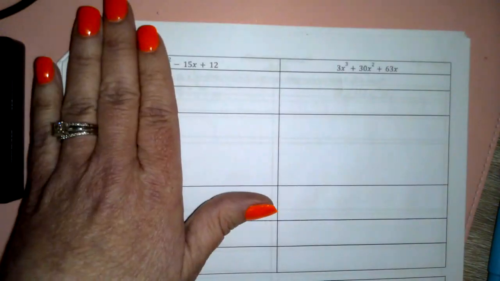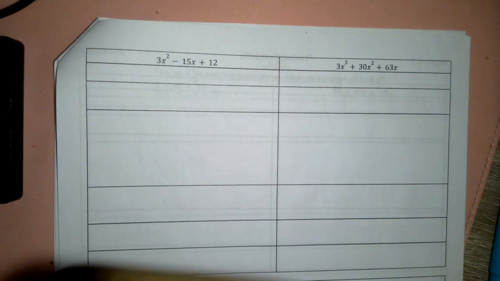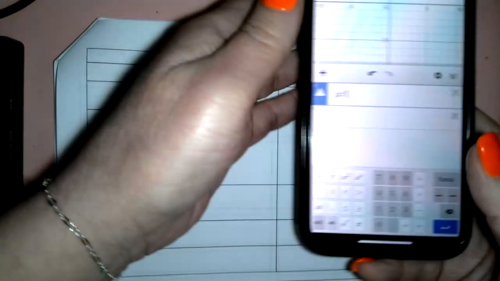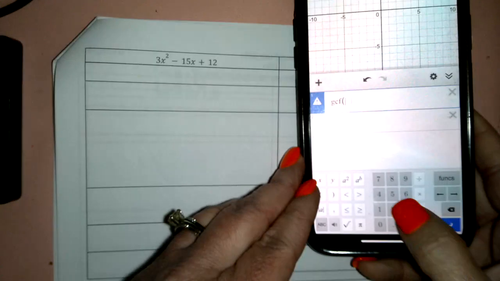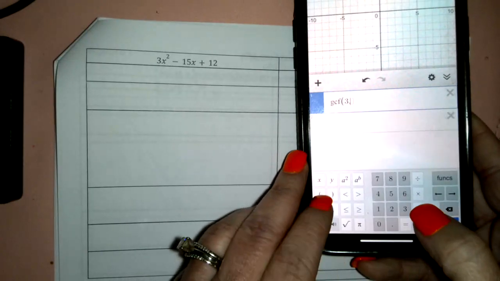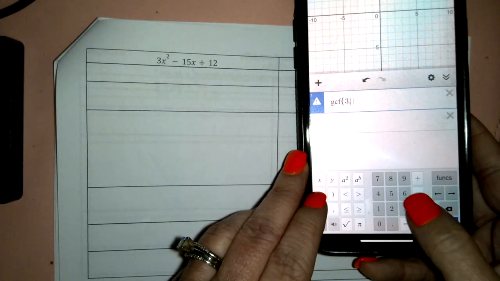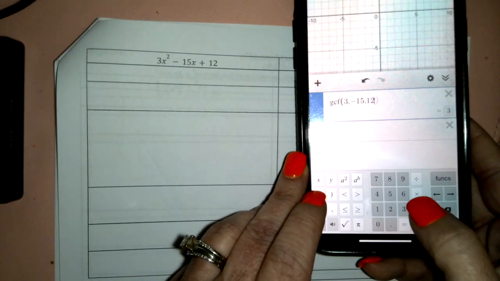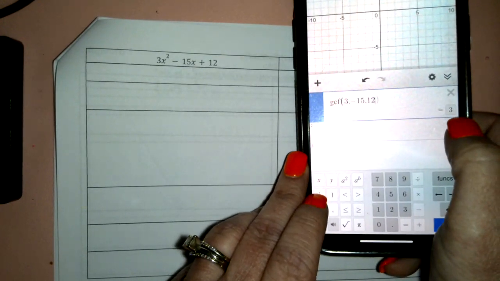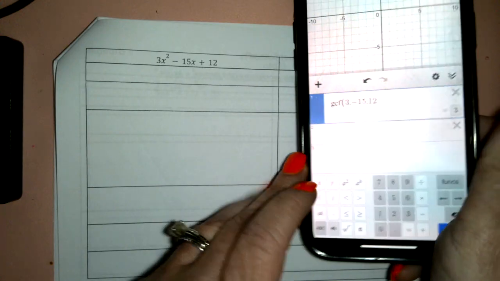Let's look through to find the GCF of this problem. So we have 3, comma, negative 15, comma, 12. And you see that the GCF is 3. So I'm going to pull out a GCF of 3.